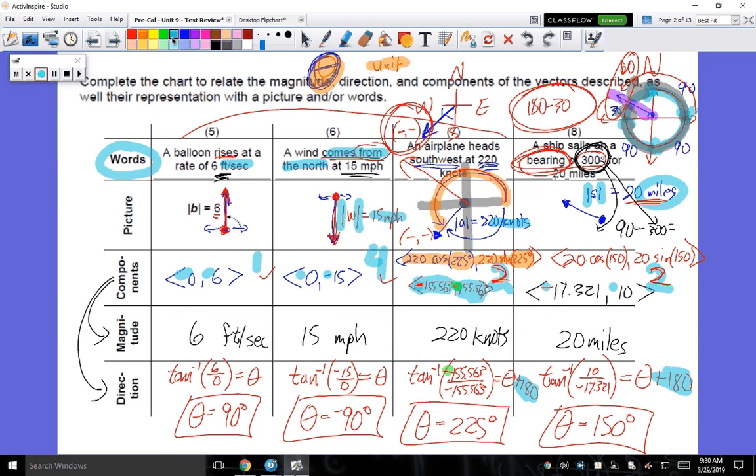Okay, so again, that 150 degrees matches up with what we showed here. The 225 matched up what we showed here, and so on and so forth. Okay? All right.